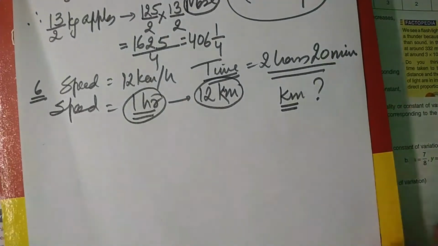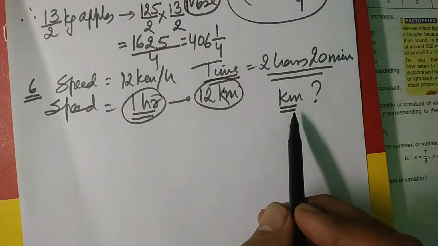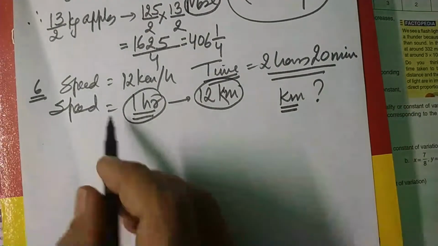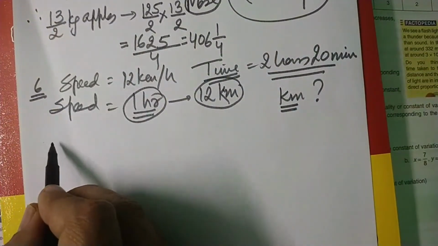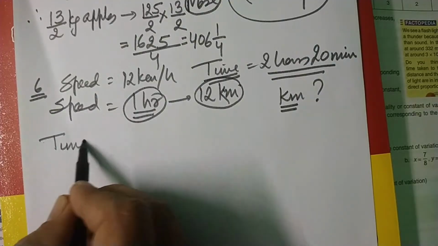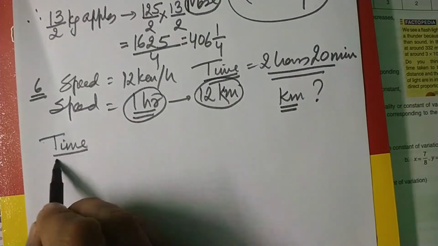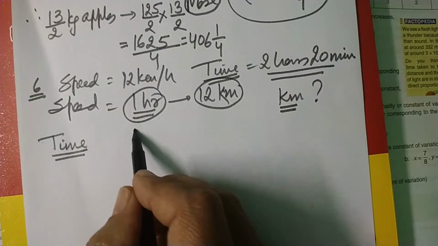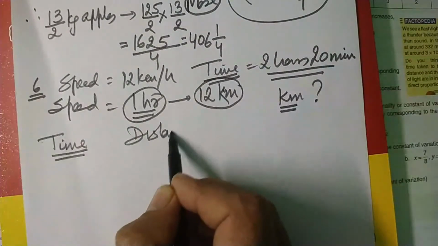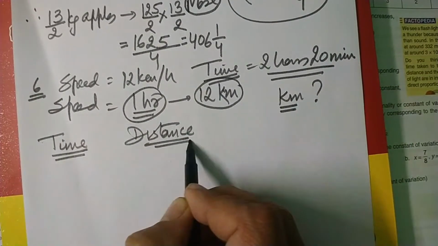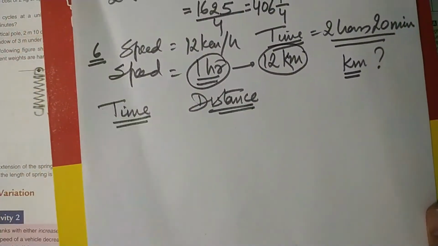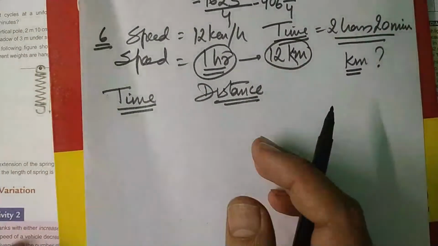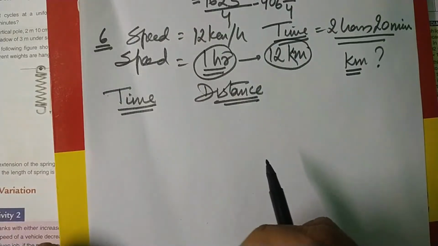So what I will do, since I have to find kilometer, I will keep kilometer on the right side, and on the left side I will keep the time. On the left side I will write time, and on the right side I will write distance.